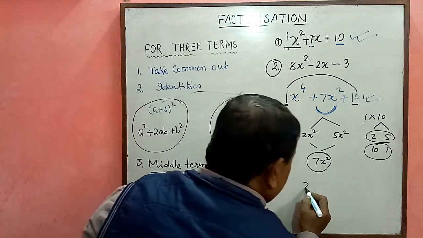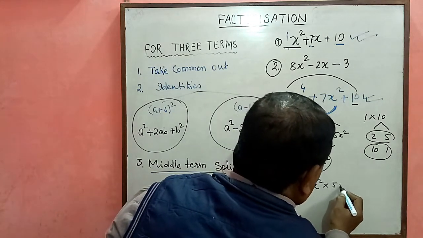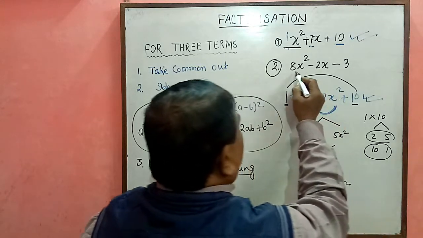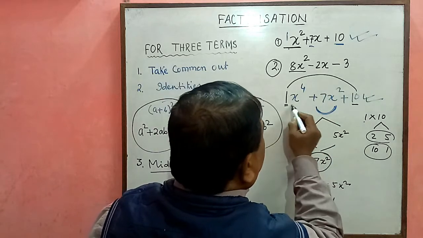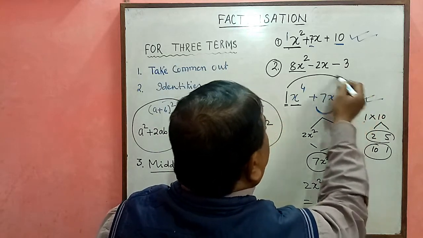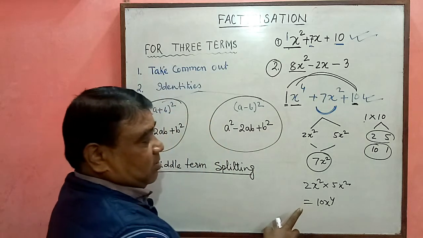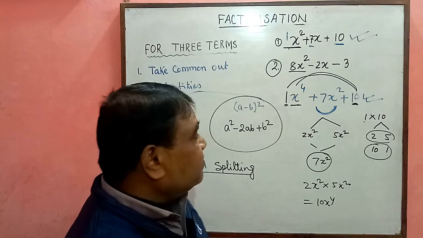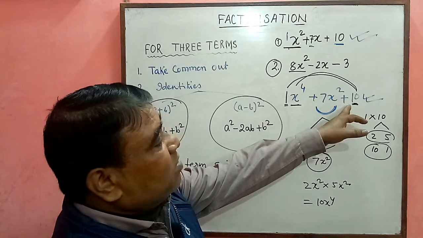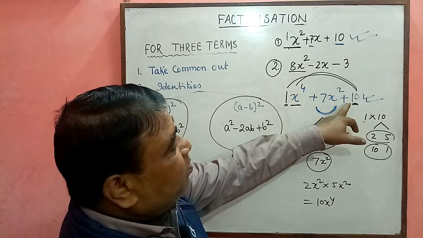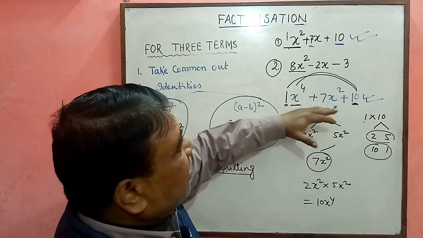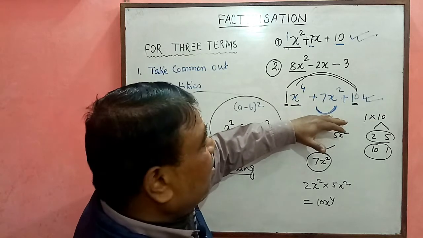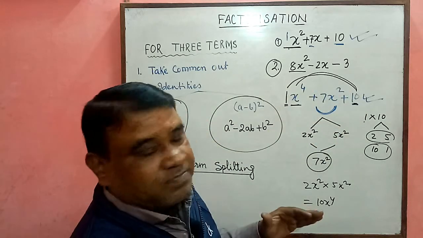Now I have to go with the product of these two terms. This is 10x to the power 4, and if I multiply the first term and the third term, then also it is 10x to the power 4 with sign. This is very important. Another thing is that if the constant term or the last term has a positive sign, then definitely the sign of both the splitting terms must be positive.